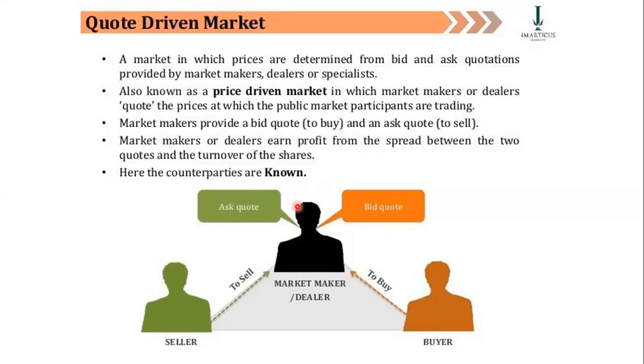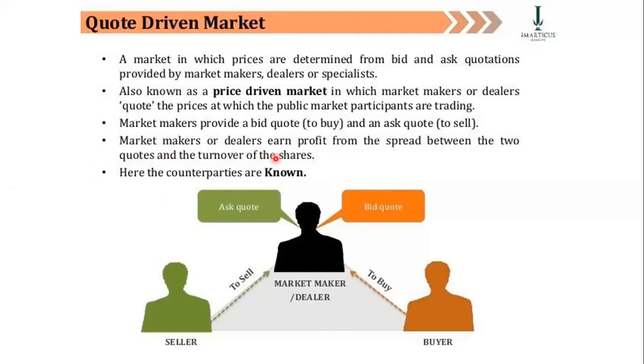When he buys or sells a share, he can earn a spread of 2 rupees in a share. If he sold 100,000 shares, then how much is the profit? 2 into 100,000 equals 200,000 is the profit of the particular market maker, broker.